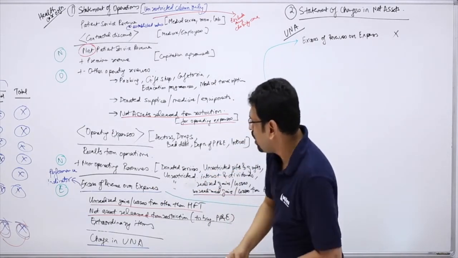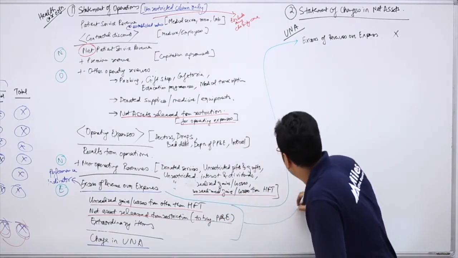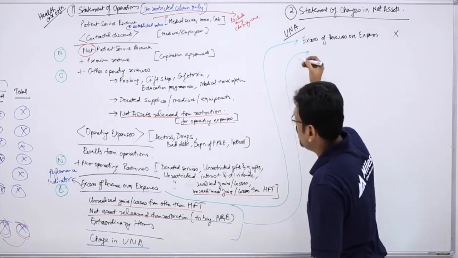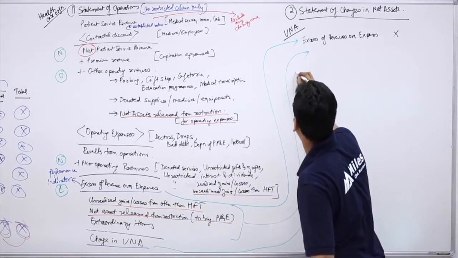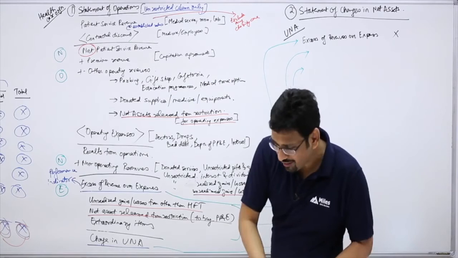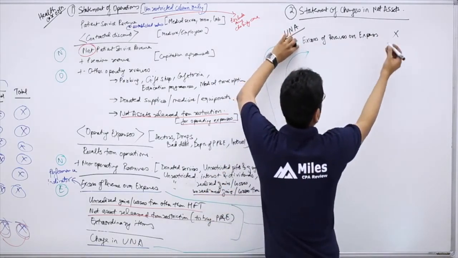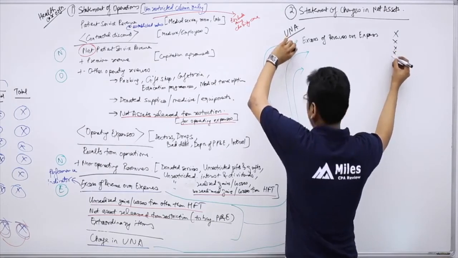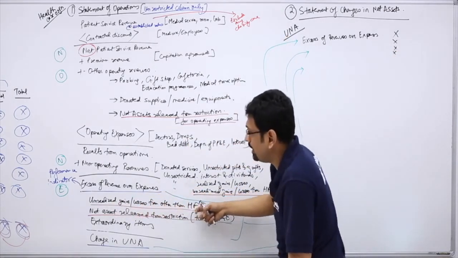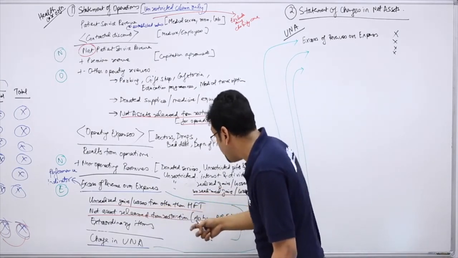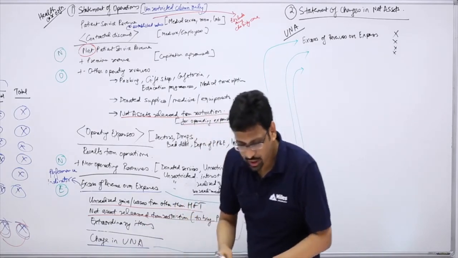Then we'll also copy paste these other items here, and then we would get the change in unrestricted net assets. So you're going to have this performance indicator where we are looking at the excess of revenues over expenses, and a few other items like unrealized gains or losses from other than trading securities, net assets released from restriction but for buying PP&E, not for operating expenses, and any extraordinary items.